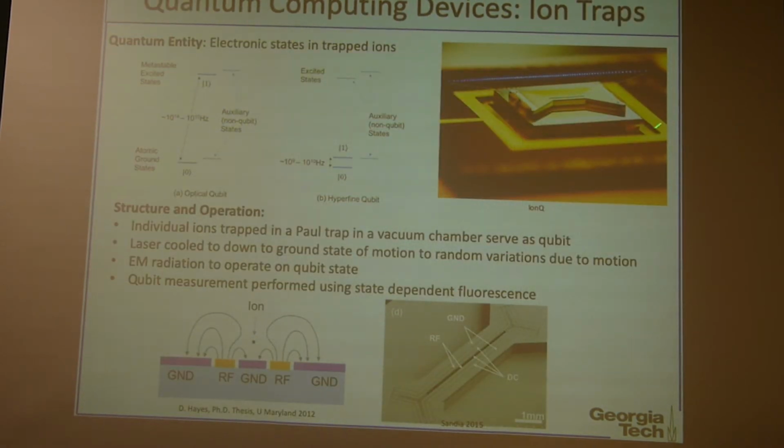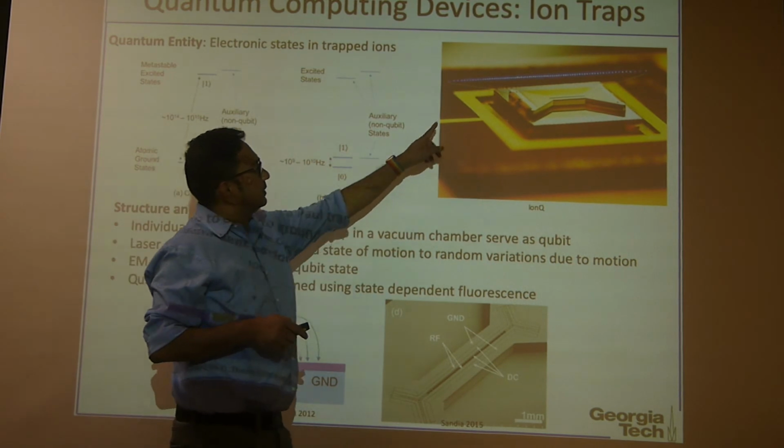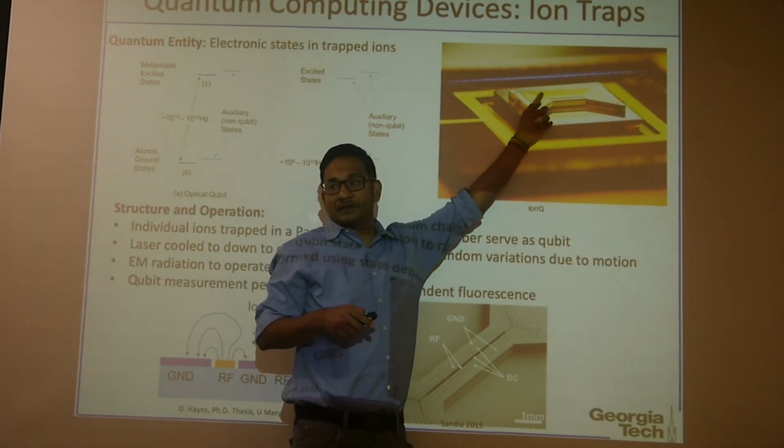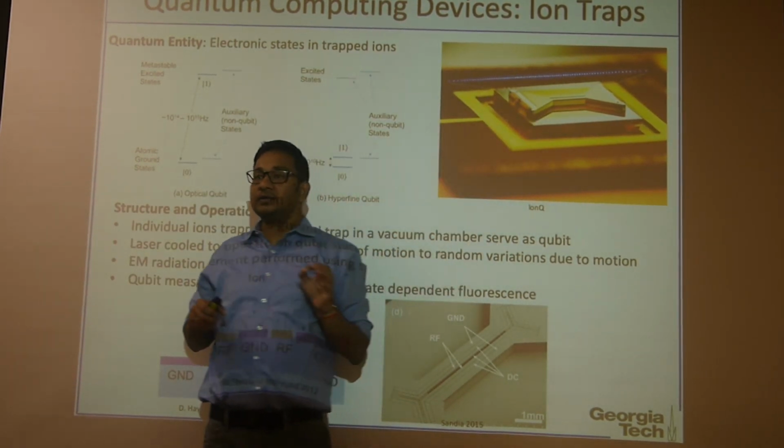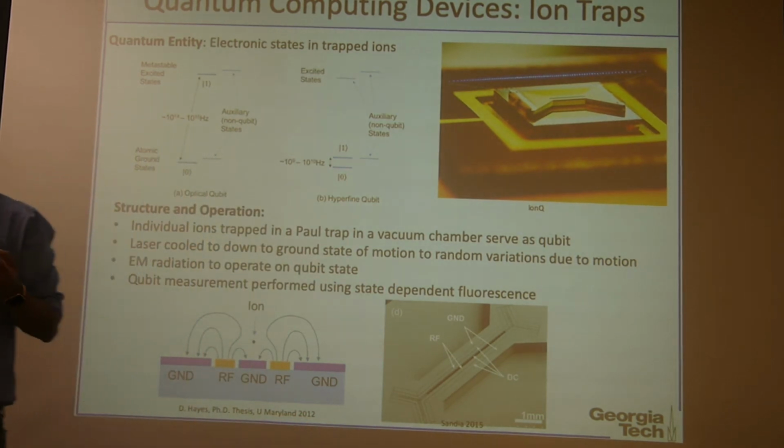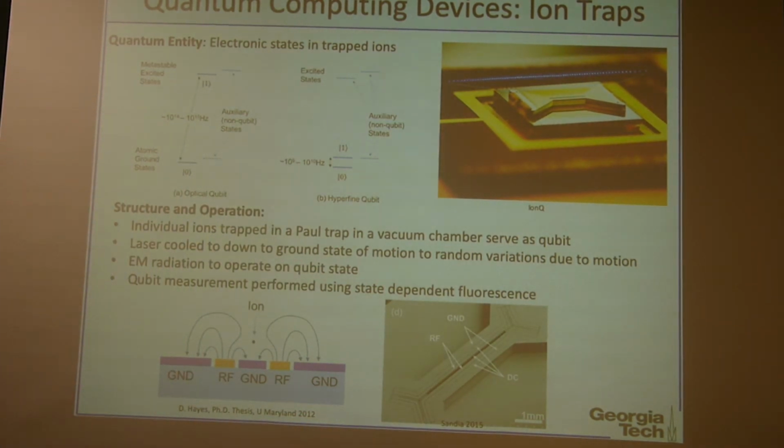So how does the device look? Now you have seen chips, right? If you open up your laptop or your phone, you will see a chip. Here also you have some sort of a chip, except that here you have individual ions in the chip.